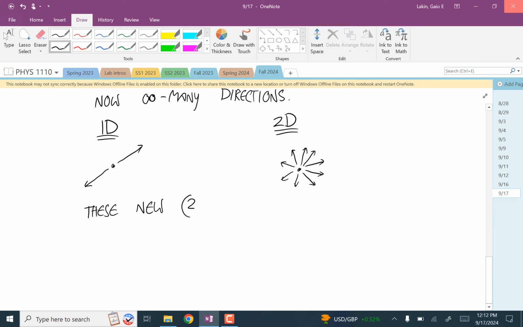These new 2D mathematical quantities are called vectors.